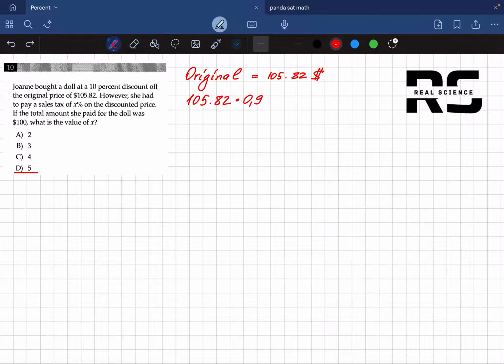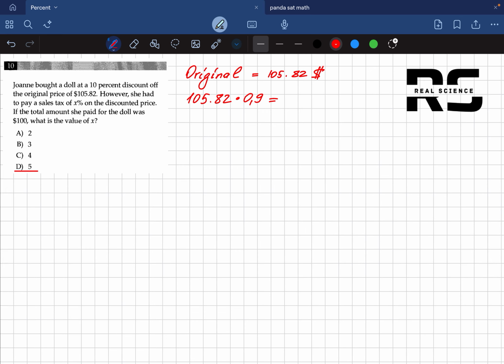Why? Because initially it was 100%, now it is 90%. However, she had to pay a sales tax of X% on the discounted price, meaning that after she bought it. So let's just now calculate the first one. Okay, so that's going to be 95.238.